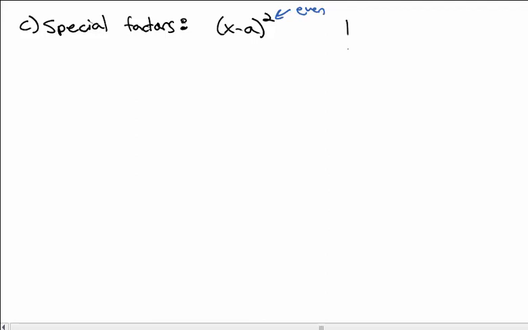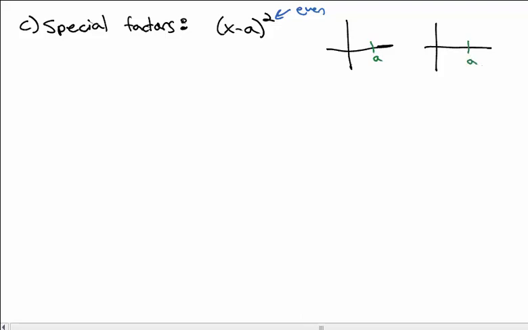There are a couple special factors, though, I want to make sure we're aware of that do slightly different but very similar things. Two that I want to be aware of. If we have (x - a) squared, or really any even exponent, the graph of this is going to do one of two things. So let's say a, that 0 is right here.